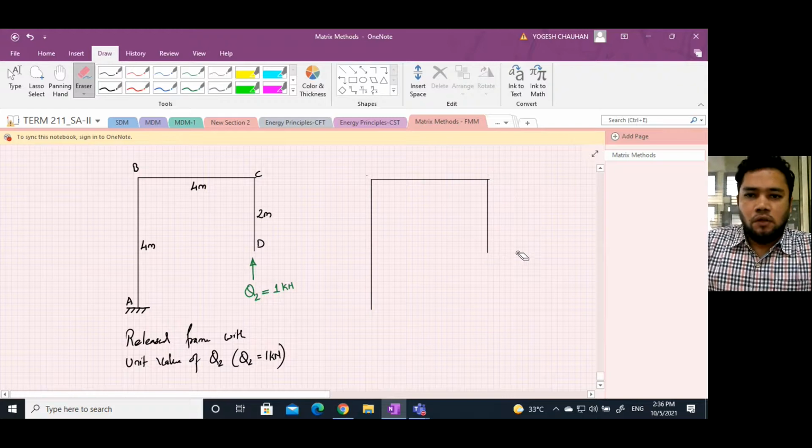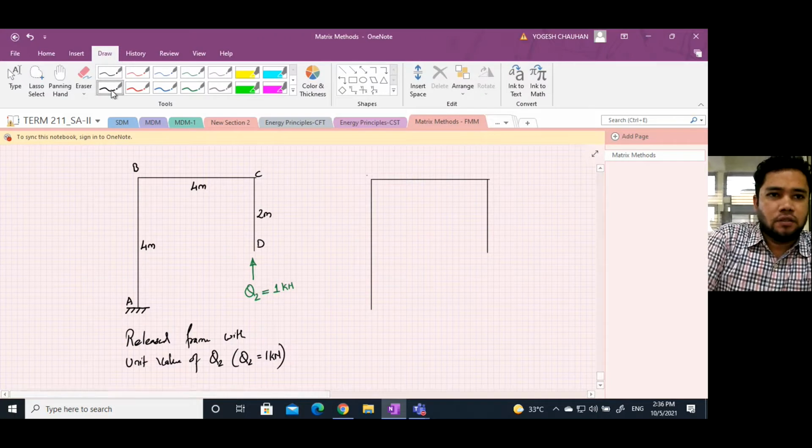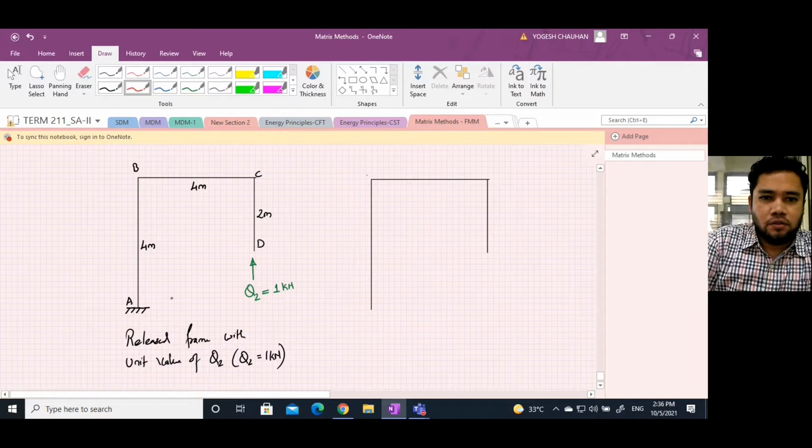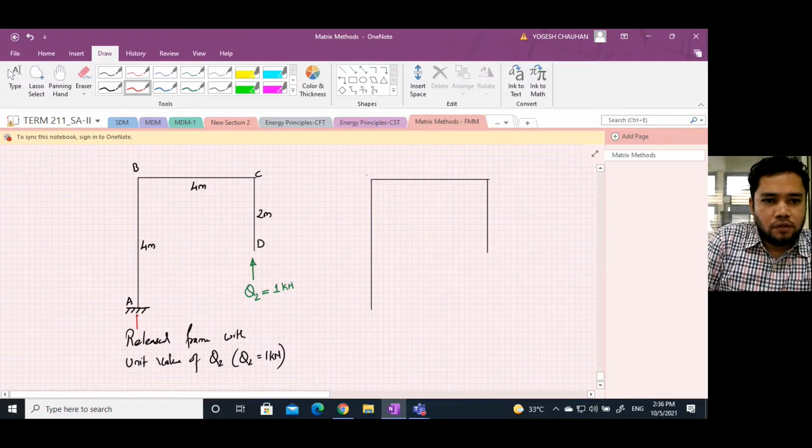Now for the bending moment, we first find the reaction here. The reaction at A will be in downward direction of 1 kilonewton.